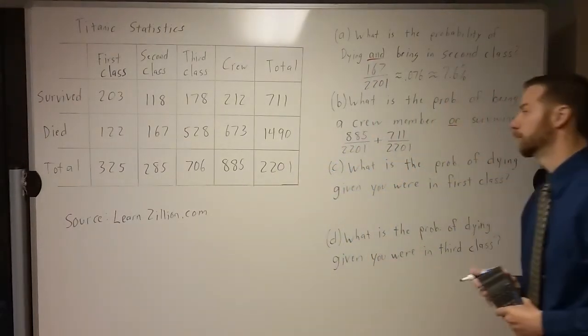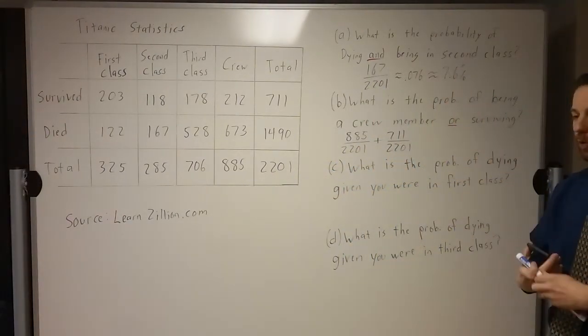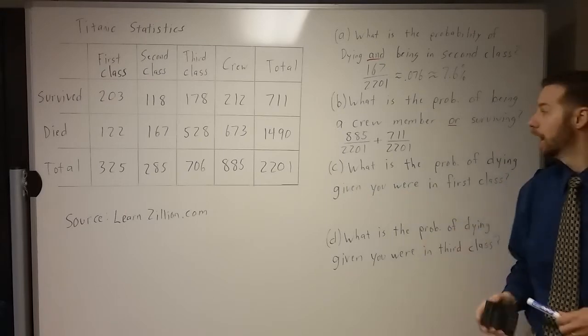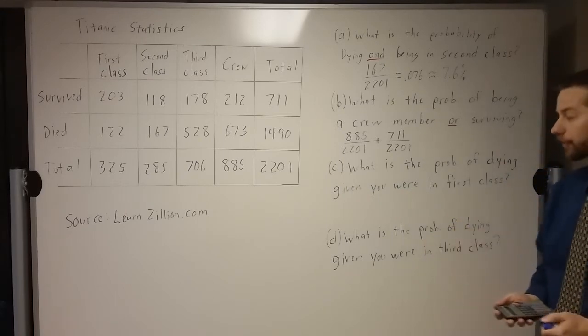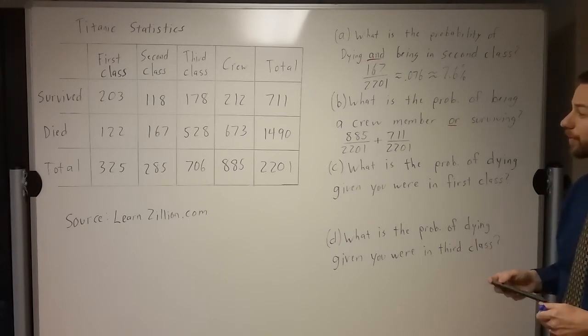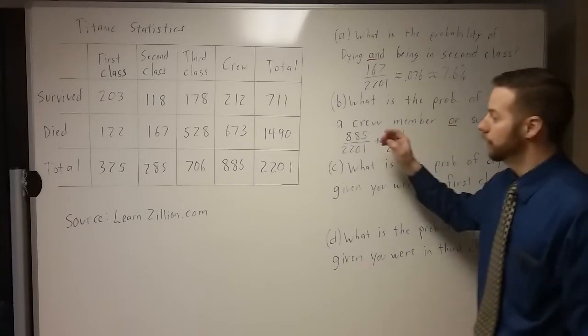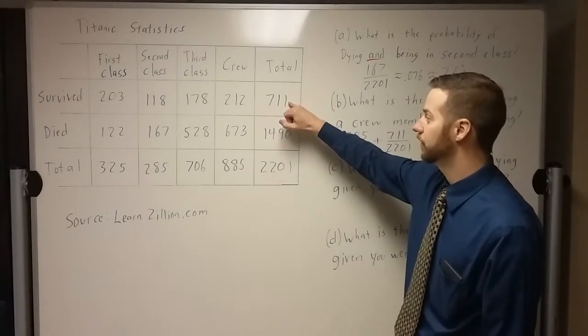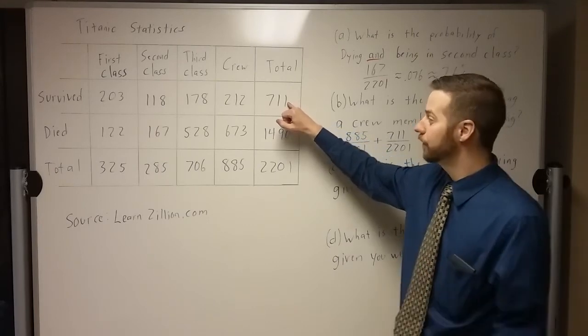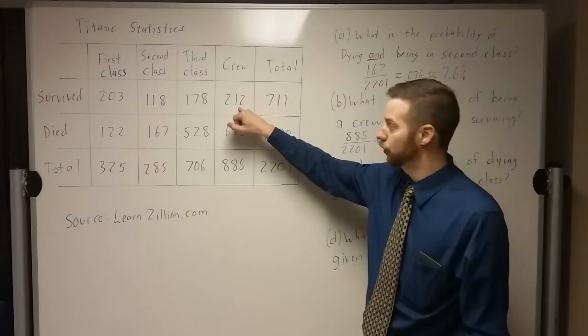But here's the problem, and we saw this yesterday. If we have "or," it means add the probabilities and subtract any overlap. If there's anybody who's in both of these groups at the same time, we've got to subtract them out. Notice we've got 885 crew members and 711 survivors, but of those survivors, 212 were crew members.